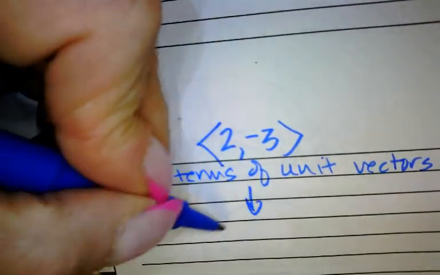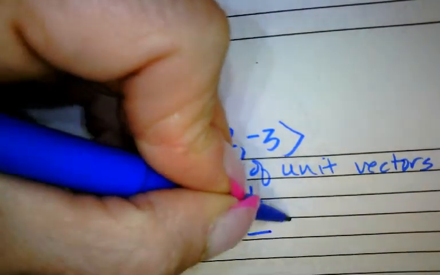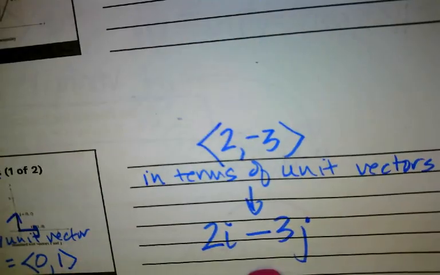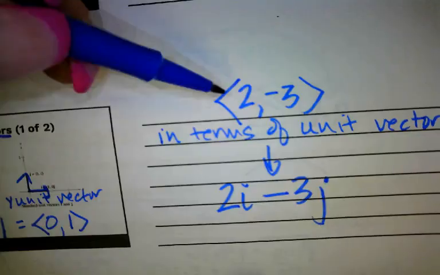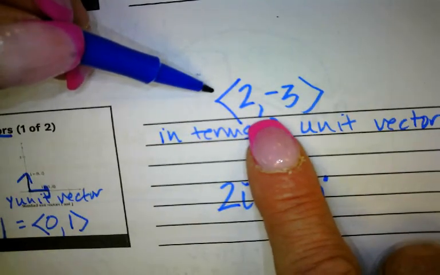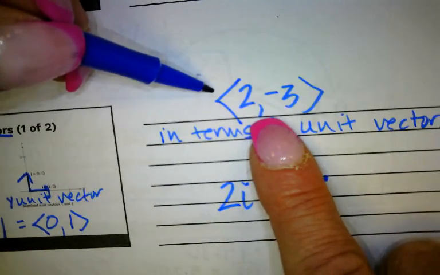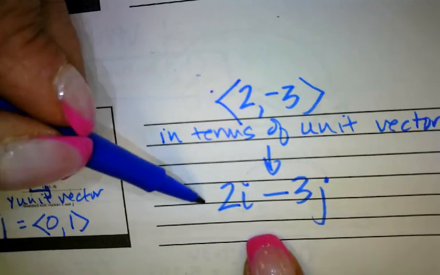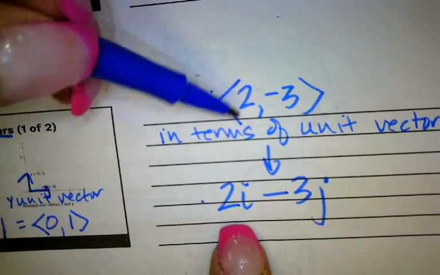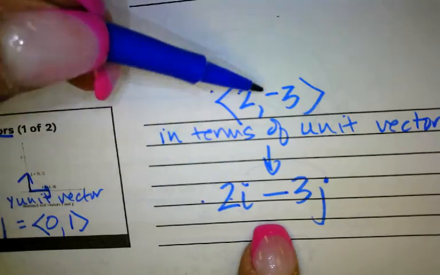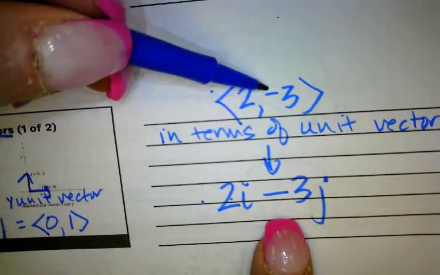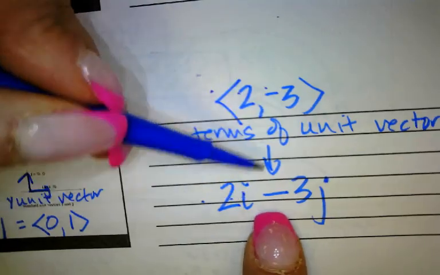So any vector in component form can be written in terms of unit vectors by taking the x component times i, and then plus, since the second one is negative, the y component times j. These two are equivalent statements, and I should be able to go back and forth between them.